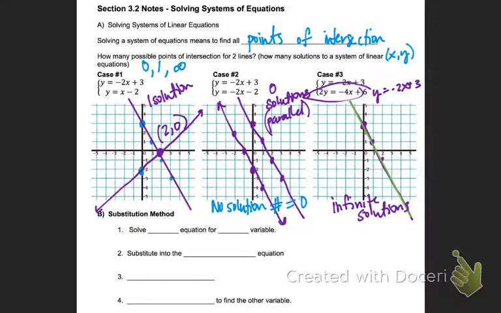Like 5 equals 4 or 5 equals 0, obviously those are not correct. So you end up getting an incorrect statement.